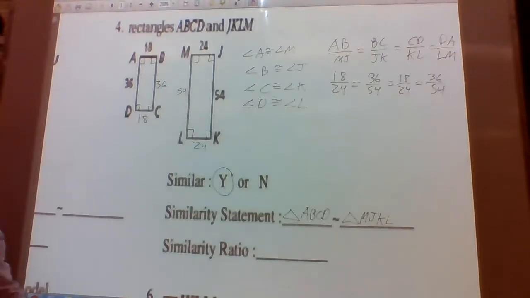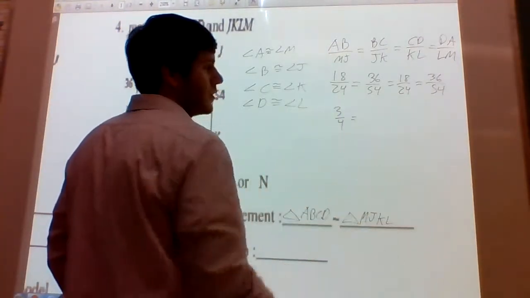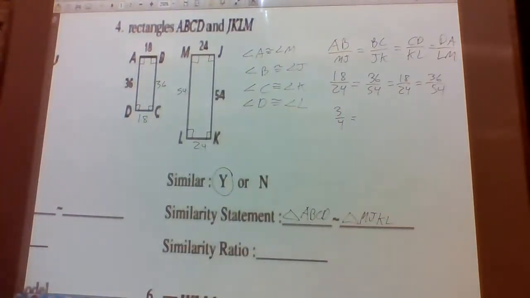18 over 24 is going to reduce to 3/4. 36 over 54 is not going to be 3/4. Look at that.